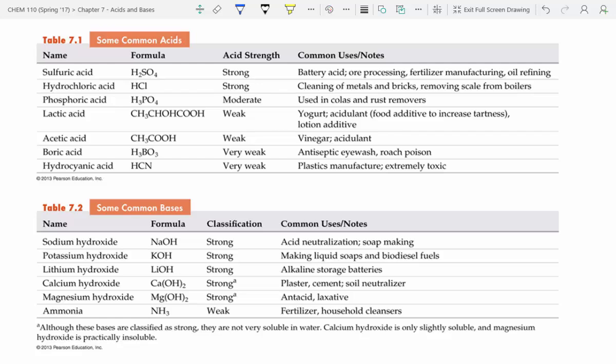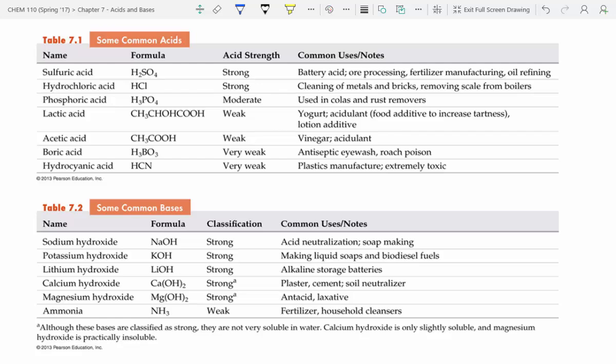Or a bone that has base in it. All right, the next one is lactic acid. If you're an athlete or if you just are super out of shape, you've probably felt this acid, right? That's the acid that builds up in your muscles when you're tired. So if you've ever gone running and felt that burning sensation, that's your body producing lactic acid. It doesn't feel very good. It's also found in yogurt.